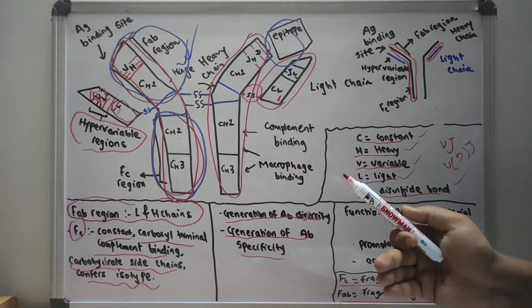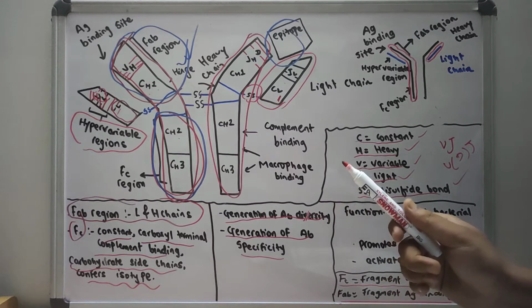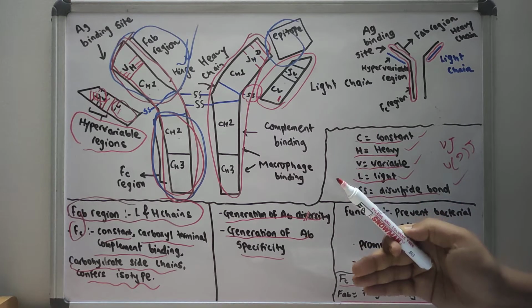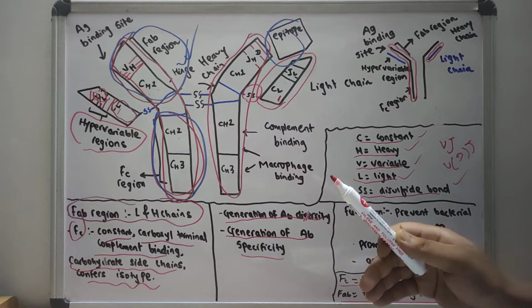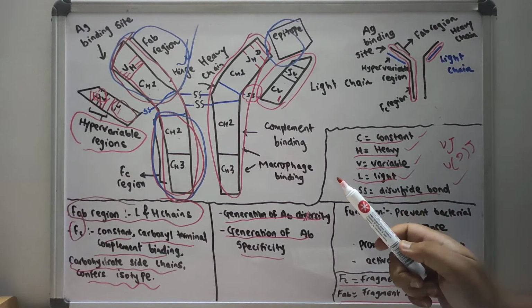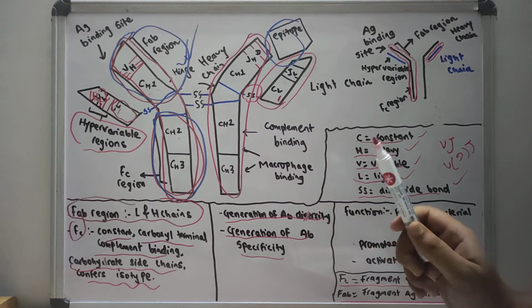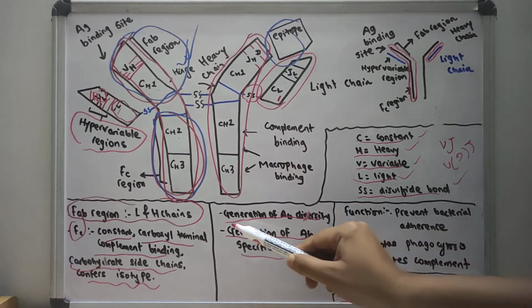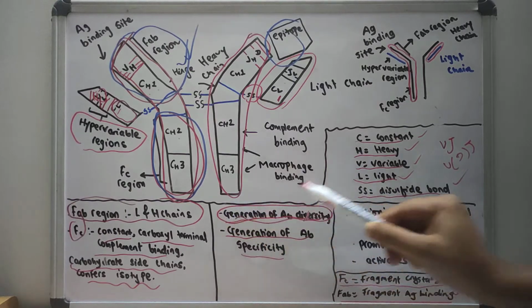The random addition of nucleotides to DNA during recombination by terminal deoxynucleotidyl transferase generates diversity. The random combination of the heavy chain with the light chain also creates antibody diversity.